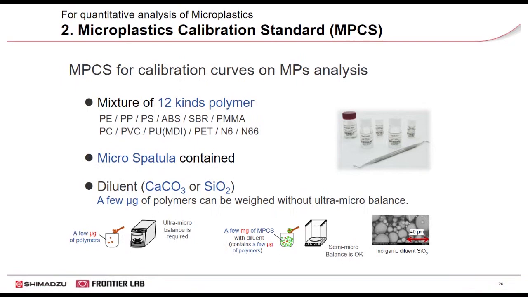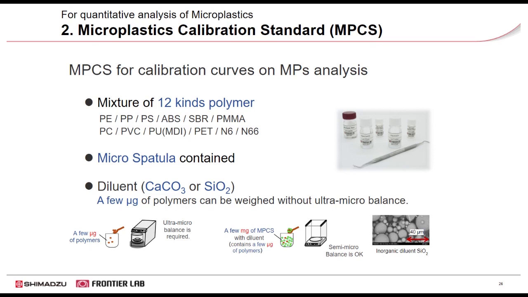If you measure 1 milligram of the diluted environmental sample, it means that you measure 0.01 milligram of the environmental sample. So this sample prep enables measuring a small amount of sample using a semi-microbalance.